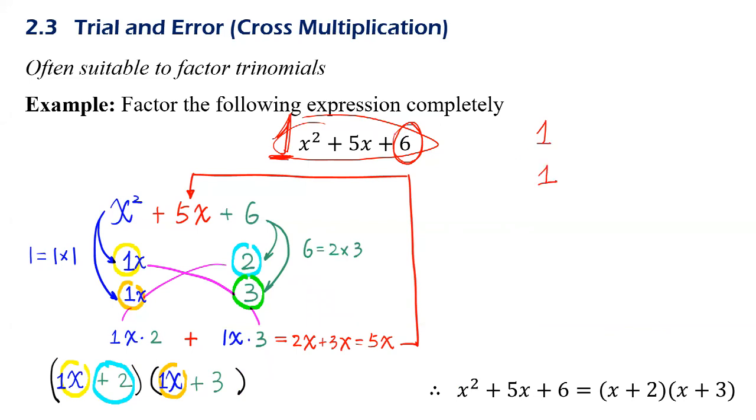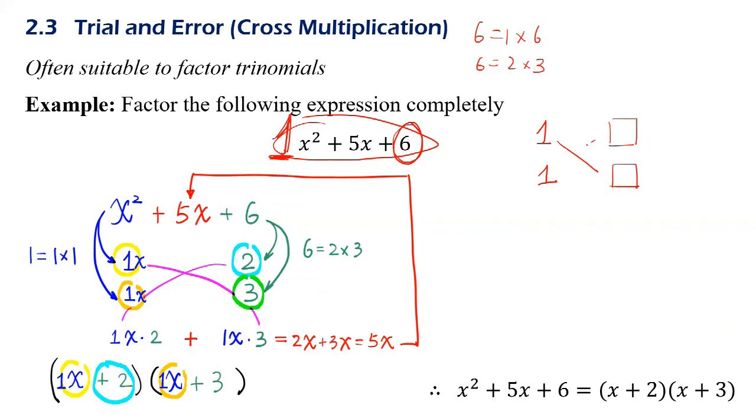And 6 can be factored into 1 by 6 or 2 by 3, right? So we need to put these two numbers here. The product of these two numbers equals 6.